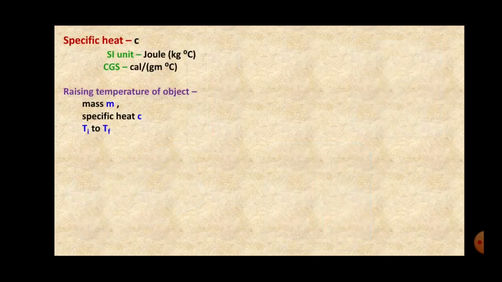The next topic we are going to start is the specific heat, and it is denoted by the symbol C. Now, the specific heat of an object is the amount of heat required to increase the temperature of unit mass by 1 degree Celsius.